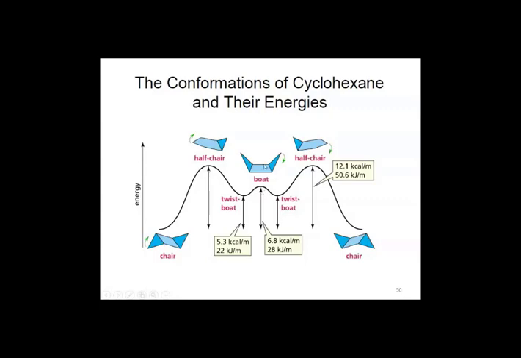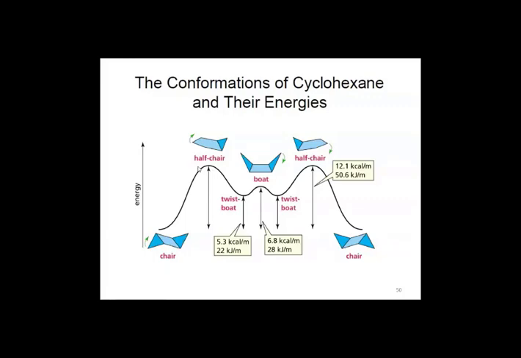Next, when from this boat conformation we move towards the flipped chair conformation, again we move through a twist boat conformation followed by half chair conformation, and then we reach the flipped chair conformation. If we observe the energy difference, the half chair conformation shows maximum energy.